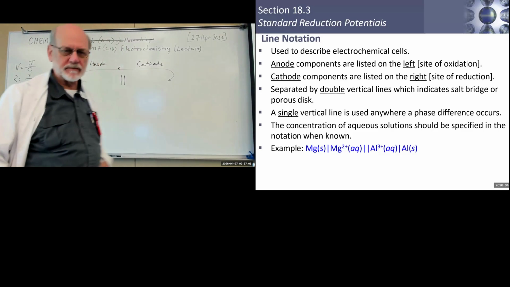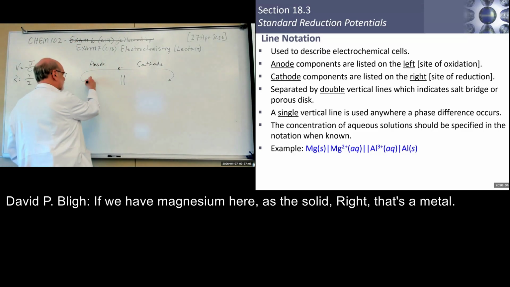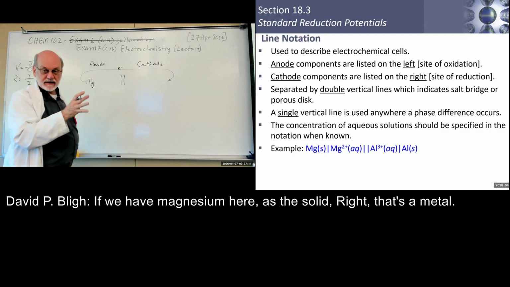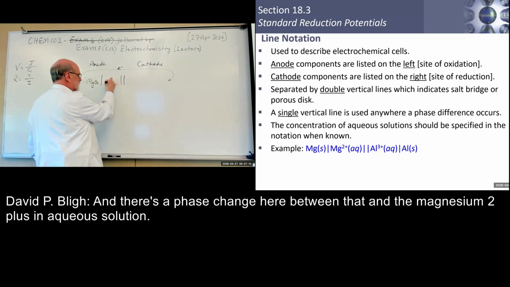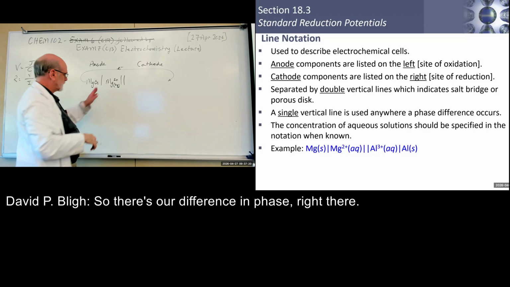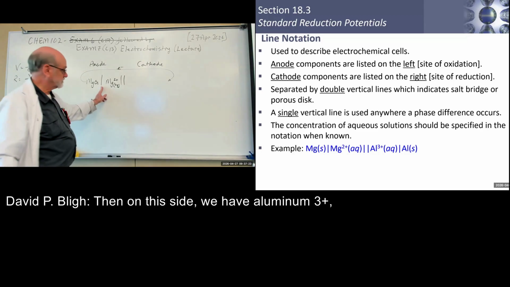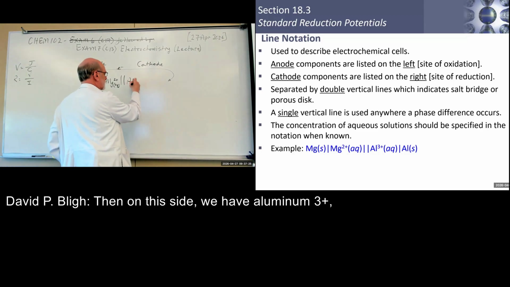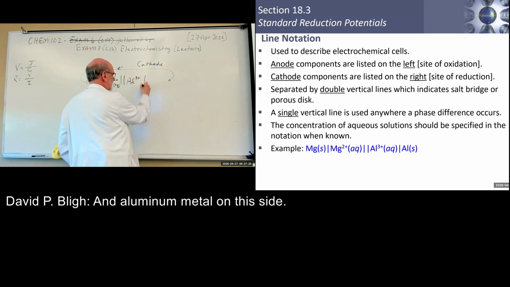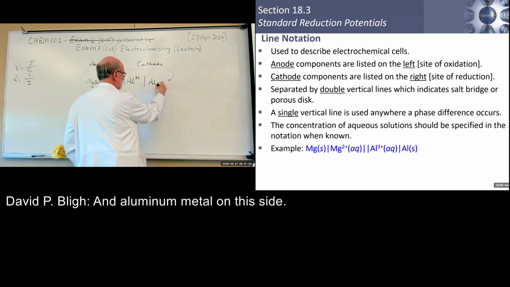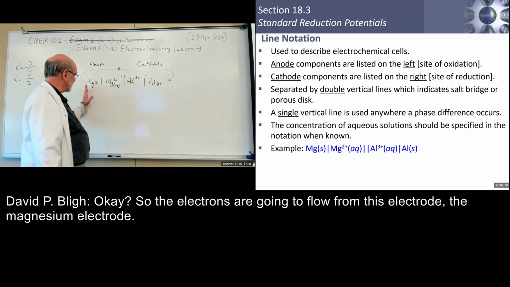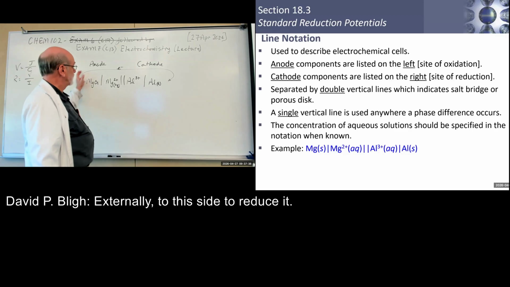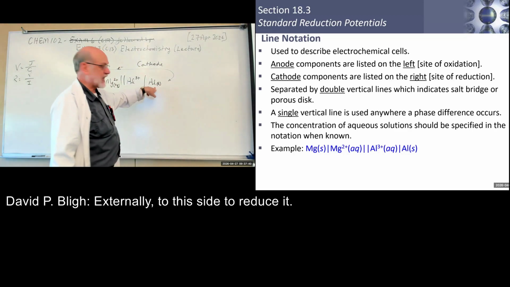So here's an example. We have magnesium here as the solid, that's a metal, and there's a phase change between that and the magnesium 2 plus in aqueous solution. So there's our difference in phase right there. Then on this side, we have aluminum 3 plus and aluminum metal. The electrons are going to flow from the magnesium electrode, externally to this side to reduce it.